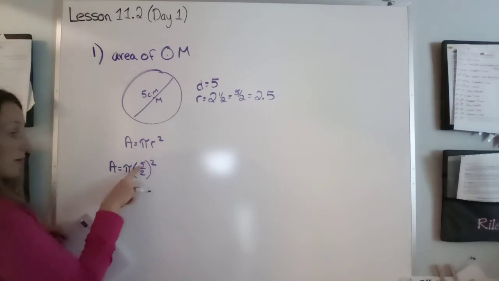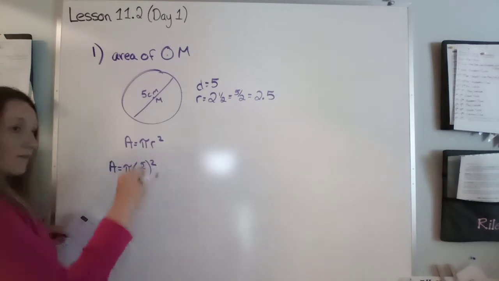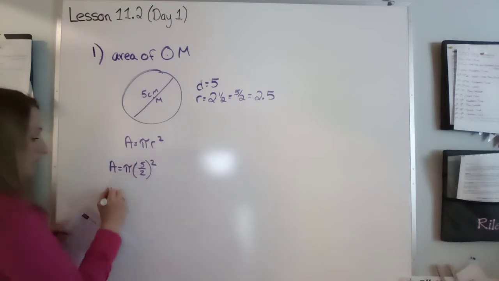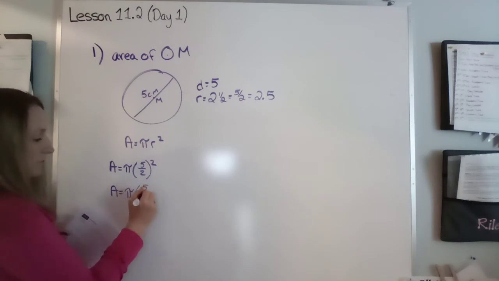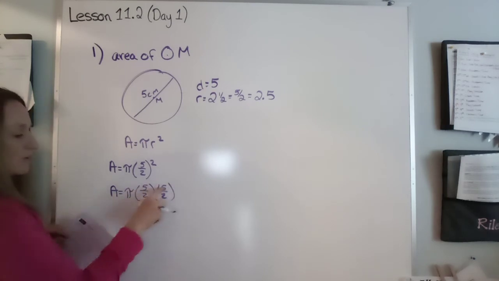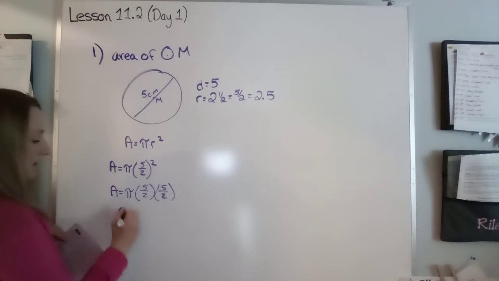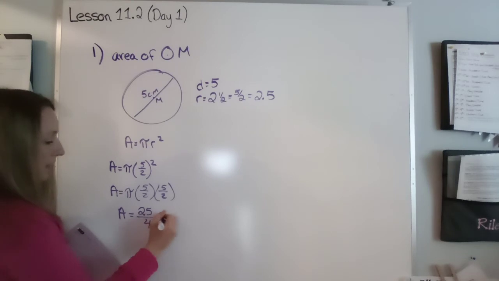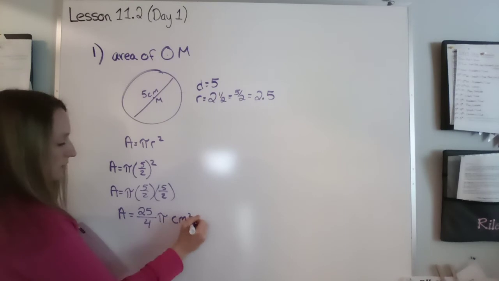Now I have to square the 5 over 2, so that means 5 over 2 times 5 over 2, or square the 5, square the 2. Okay, so I'll write it out just so you can see it. It's 5 over 2 times 5 over 2. Right, when you square something, you multiply it times itself. So 5 times 5 and 2 times 2. The area is equal to 25 over 4 pi, what are my units? Centimeters squared.